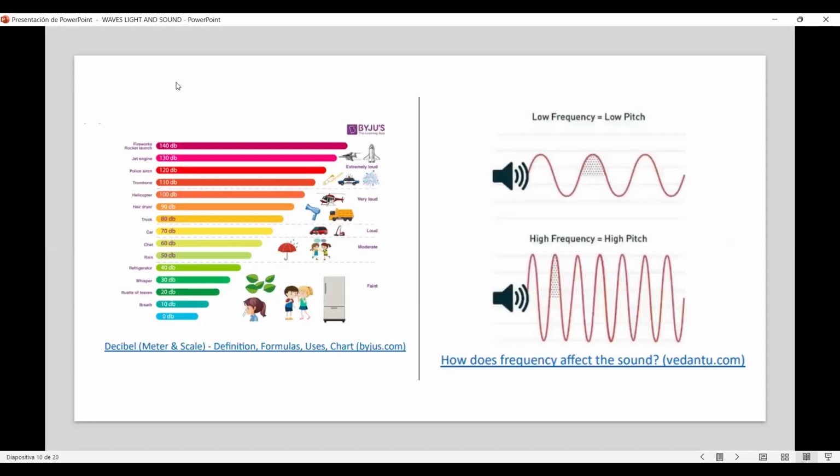For example, in this case, our amplitude will be determining the volume of our sound. And you can observe the differences. For example, a whisper can be 30 decibels.